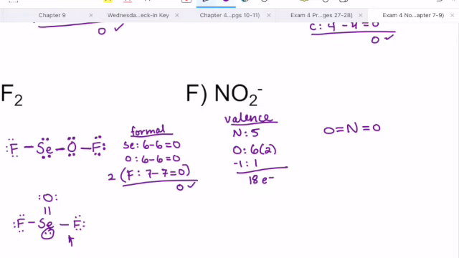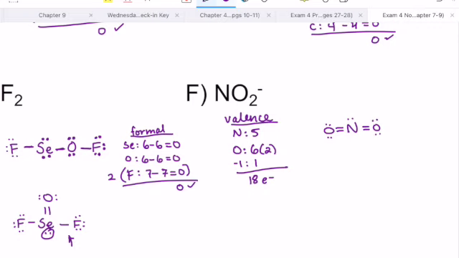So what did you guys do, Lily? That's what we did. Okay, well, let's go for it. So if we've got 2, 4, 6, 8 electrons, we've got to get to 18 by giving octets. So 8, 10, 12, 14, 16, 18. What's the problem with this structure, Lily?